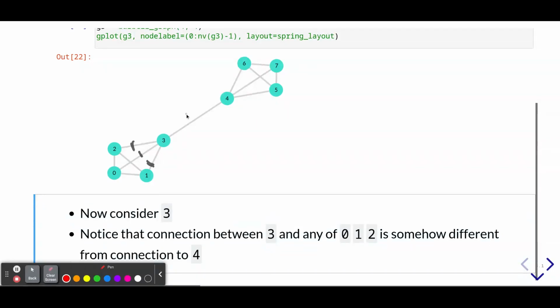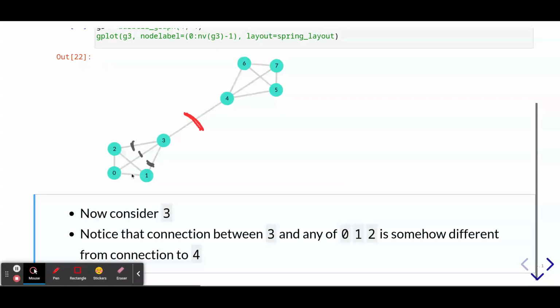However, this edge over here, the edge between 3 and 4, is somehow different than the other edges that we've been looking at. Another key difference between these 3 edges I've marked in gray and this red one is that the edges in gray connect 3 to 0, 1, and 2, but these are already connected to one another.